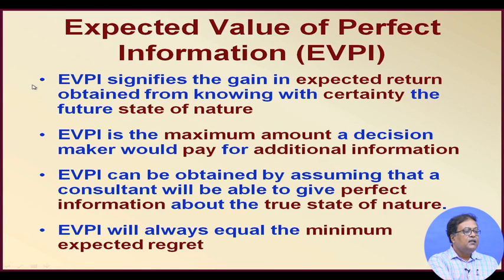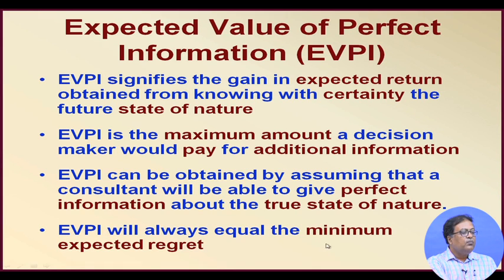So, EVPI signifies the gain in expected return obtained from knowing with certainty the future state of nature, right. So, EVPI is the maximum amount a decision maker would pay for additional information. So, that we can call the expected value of perfect information.